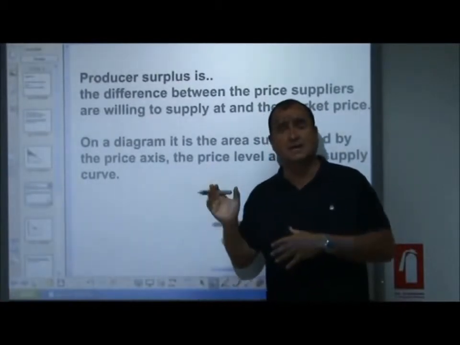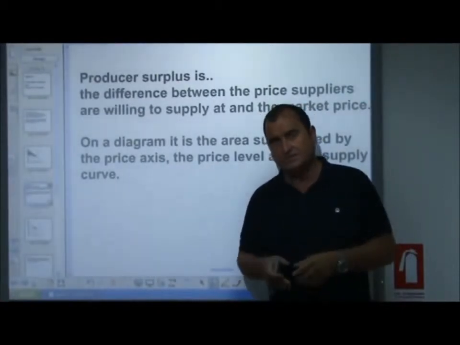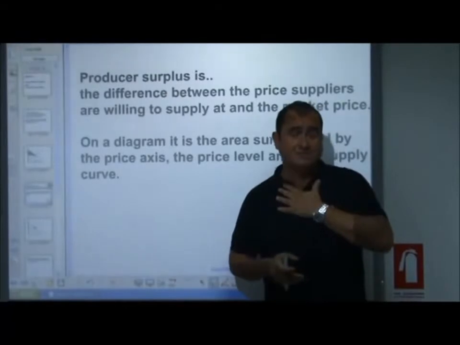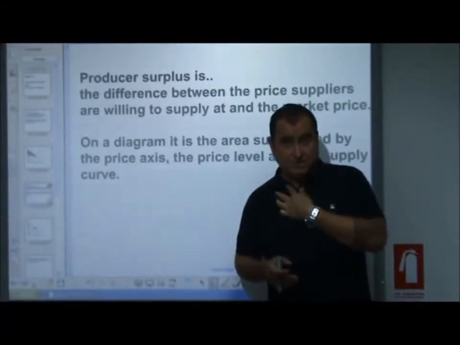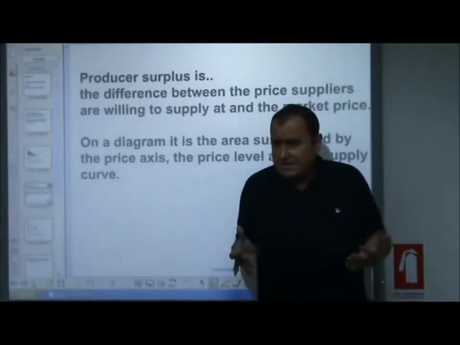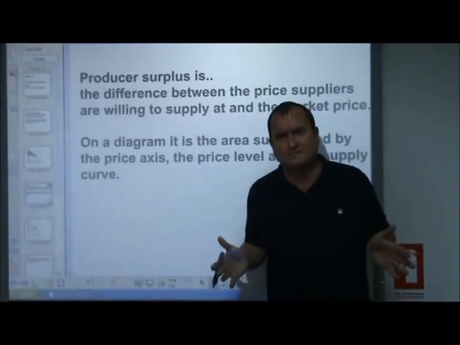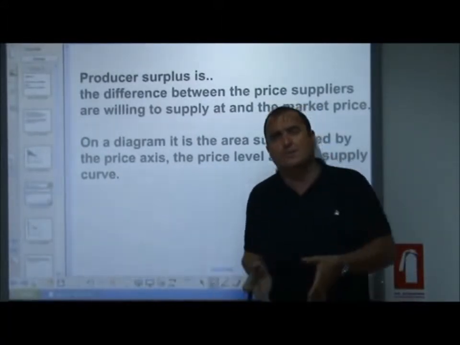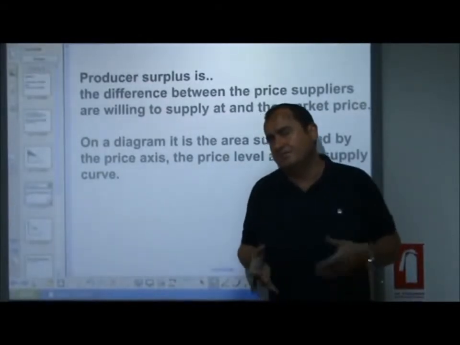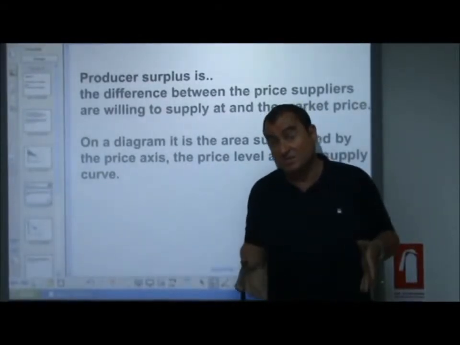I hope the price is higher, but if the price is £1.50, I can do it. Whereas I might run a sandwich bar less efficiently, and I might say, no, I can't make it work. I'm not prepared to supply cheese sandwiches at £1.50. I will if it's £2. But at £1.50 I can't make a profit. So I'm not willing to do it.